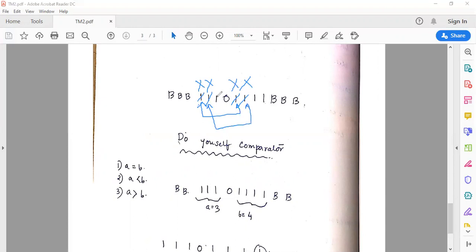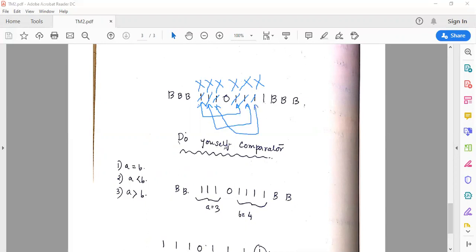Again, we'll keep moving to the left, and on getting X, we'll again flip the direction, and if we get a 1, we'll change this 1 to X. And again, we'll move to the right, and once we get an X, we'll change the next 1 to X again. So we're comparing this one with this one.